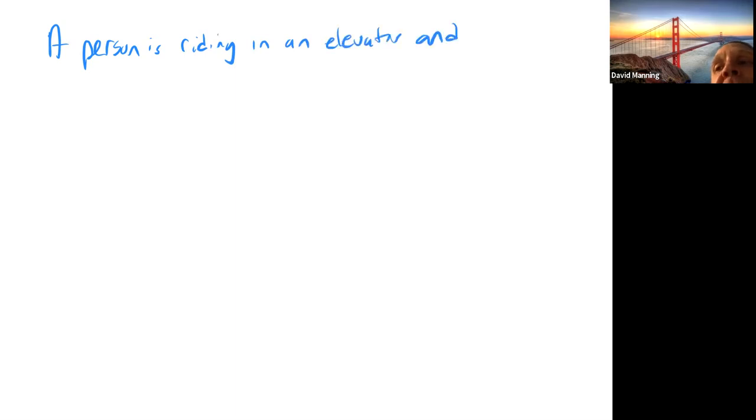All right, let's say a person is riding in an elevator and has a mass of, I don't know, 87 kilograms.